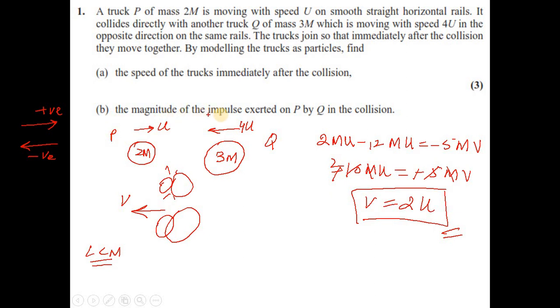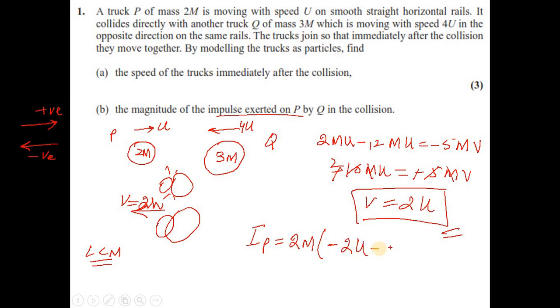Part B, the magnitude of the impulse exerted on P by Q in the collision. So impulse on P, IP, is change in momentum of P. So you can say the mass of particle P, which is 2m, times the change in velocity. Velocity is changing from u to v. v is equal to 2u or minus 2u, so final velocity is minus 2u.